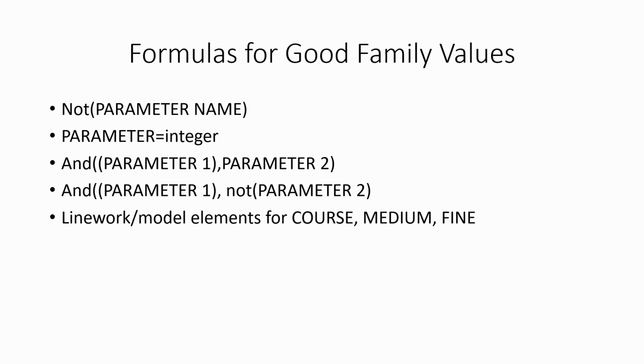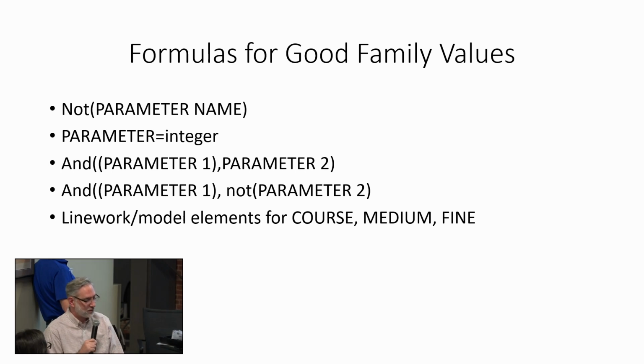And I know I went pretty quick with some of these, but here are some formulas for good family values. Definitely leveraging the not parameter. In fact, it came up today. We were discussing something, and a user was trying to do something with the door, and she wanted it as an instance parameter, but was still trying to make duplicate types for the various conditions, and we realized as an instance parameter, we could use the not variable.